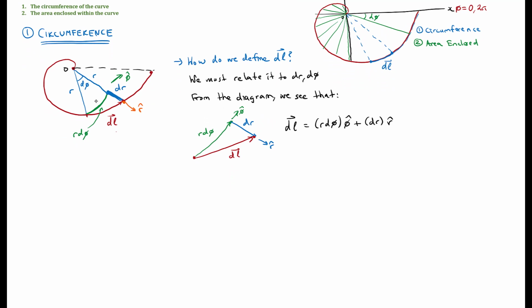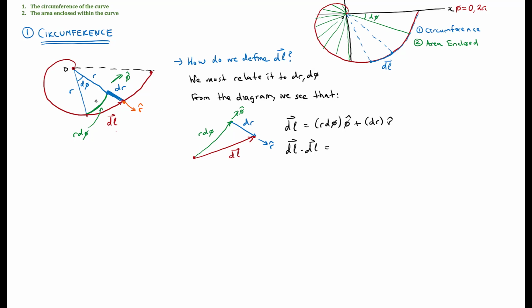We now have to figure out a magnitude for the vector dl, and in order to get that magnitude, remember from our dot product lesson, we can multiply the vector by itself so that we can get the magnitude squared.